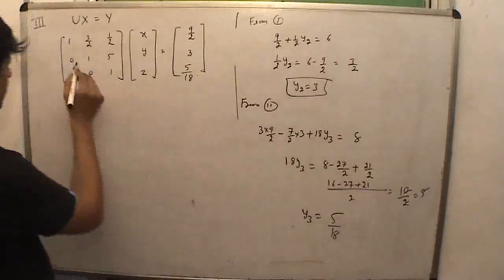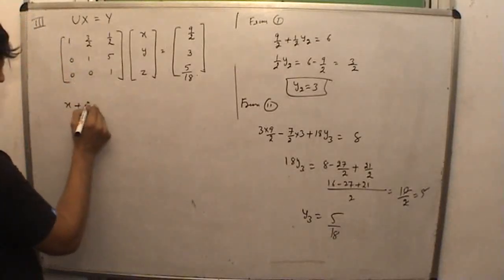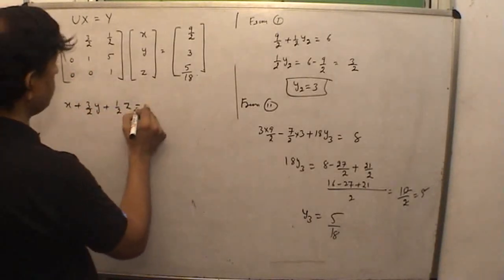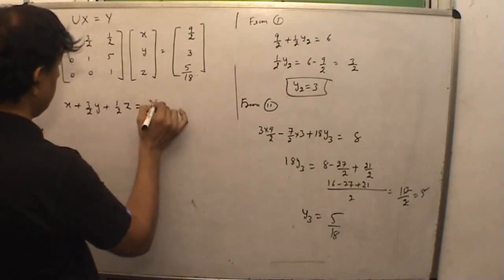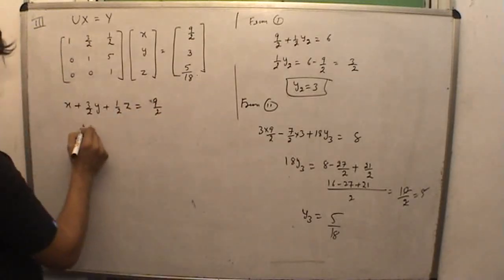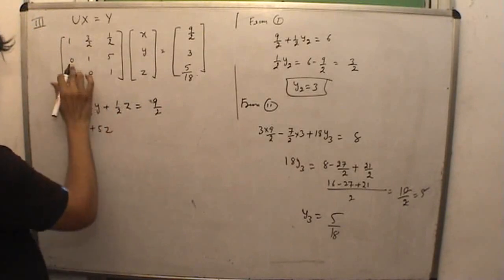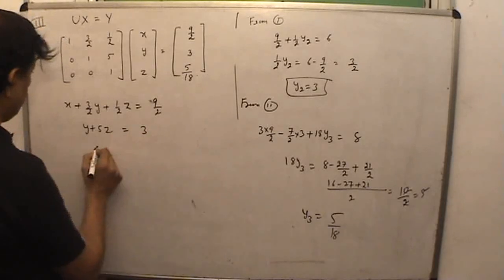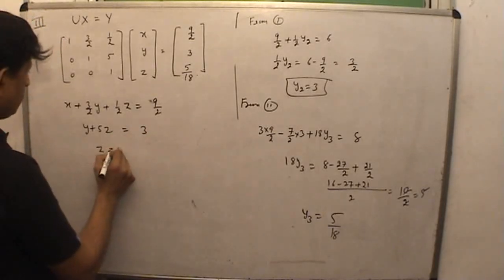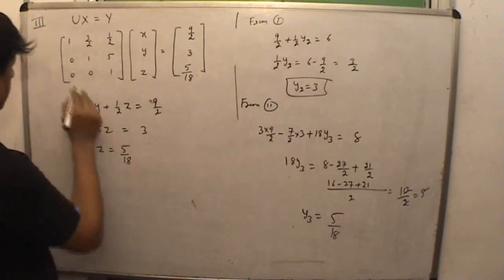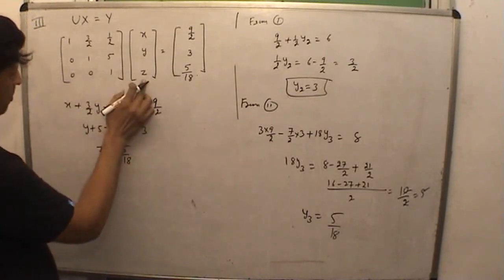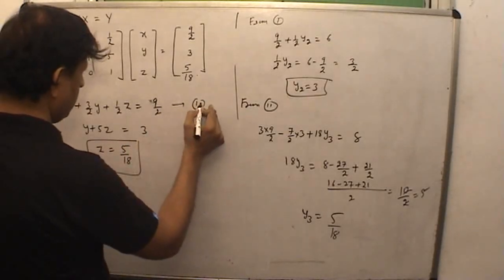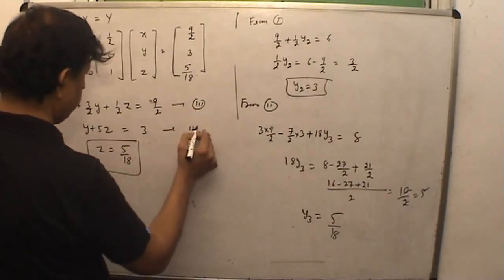Again, by using matrix multiplication, it will give x plus 3 by 2 y plus 1 by 2 z is equal to 9 by 2, y plus 5z is equal to 3, and z is equal to 5 by 18. That is number 1, number 3, and number 4.